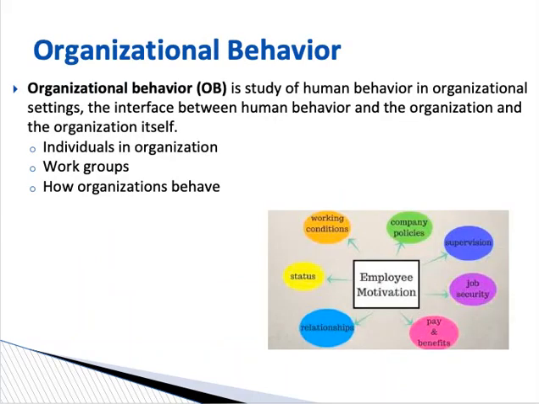So the last theory we're going to introduce is organizational behavior theory, which is the most common theory nowadays. Organizational behavior theory is a study of human behavior in the organizational setting, right? So they look at the relationship or interface between human behavior and the organization itself.